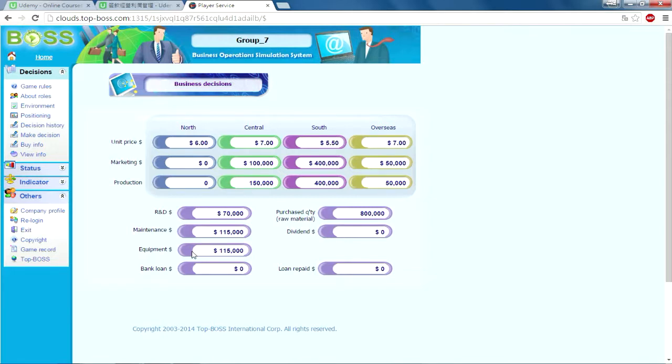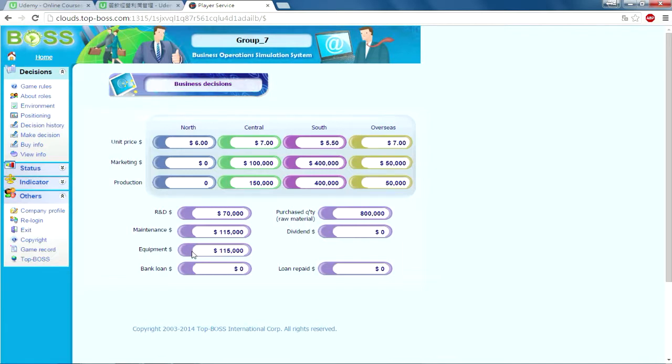So system provides you one alternative. You can invest for a new plant, new production plant. But the requirement is for each unit, it will take you 20 US dollars.